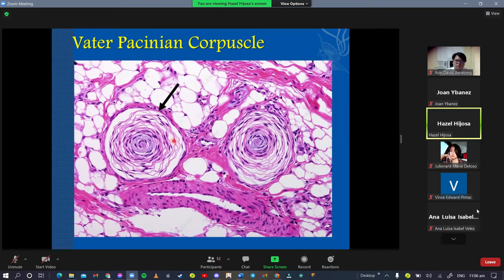It is composed of concentric cellular lamellae, and between the lamellae is lymph-like fluid. This is the receptor for pressure and vibration. By the way, this is one of the easiest structures to identify during the histopractical exam, aside from adipose tissue. Just remember the characteristic onion-like appearance of this corpuscle. That's the Vater-Pacinian corpuscle.